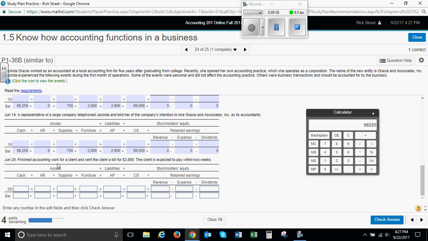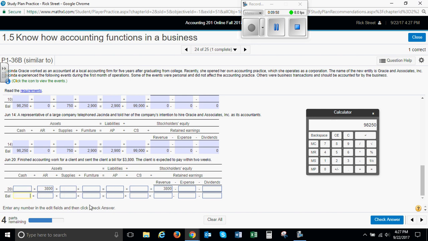June 20th, we finished accounting work for a client and sent them a bill. Okay, that means we've got a little revenue here. Let's go $3,800 in revenue. We like revenue. And of course, cash didn't go up, so it must be accounts receivable. So we billed $3,800 and we have an accounts receivable. That's an amount owed to us that we haven't yet received in cash, and that'll help us keep track of who owes us money.